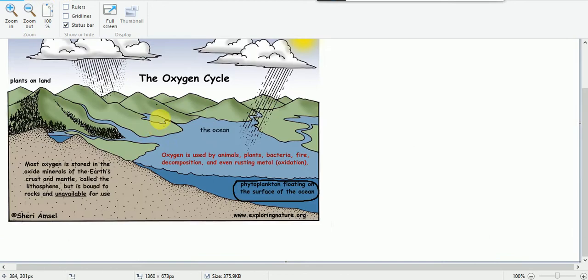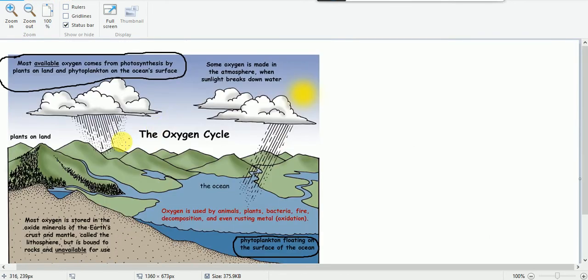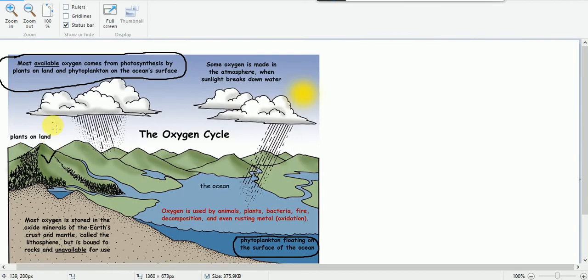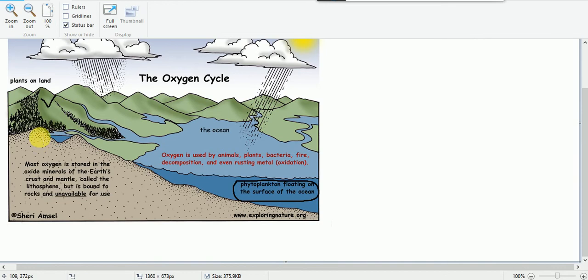Then here again we have plants. We have plants on the surface of the earth, and we have learned that in the photosynthesis process oxygen is released by the plants after taking in carbon dioxide.